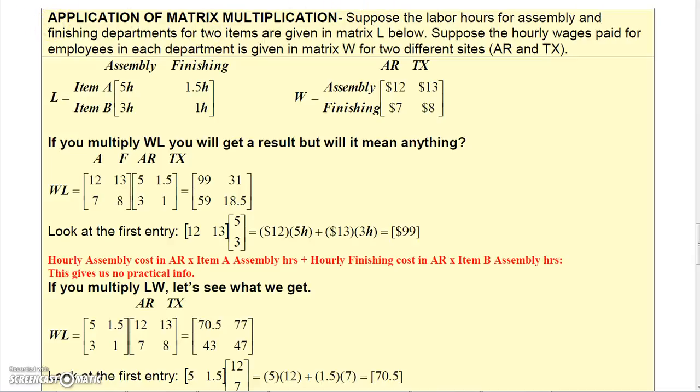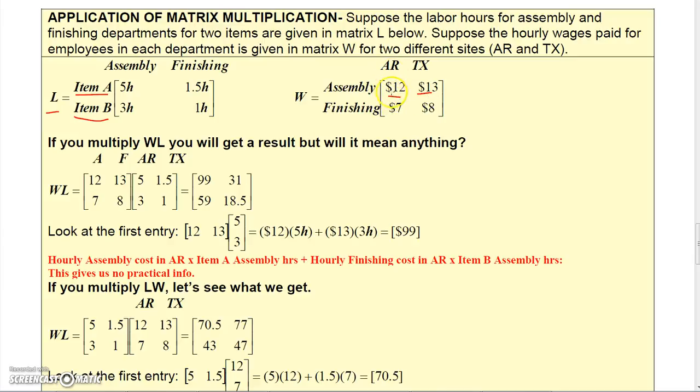The first application gives you the labor hours for assembly and finishing for two items, item A and item B. The second matrix gives you the hourly wages for assembly in two states.